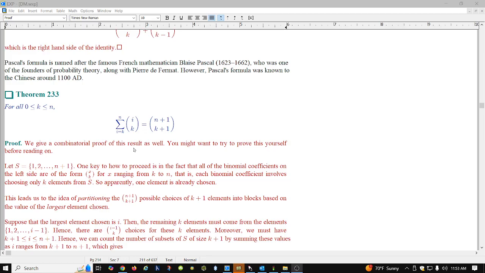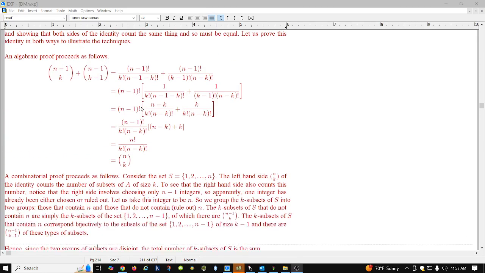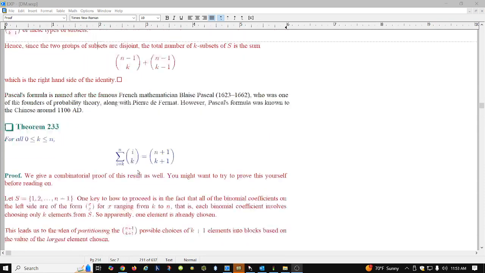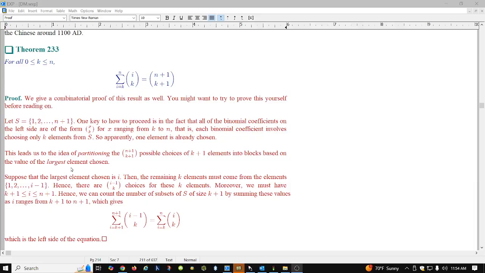This leads us to the idea, as in the previous proof, where we did partition the problem into two parts: contain n, does not contain n. Similarly, here we have led to the idea of partitioning the total choices, n plus 1 choose k plus 1 choices of k plus 1 elements, into blocks, but now we need something a little more sophisticated.